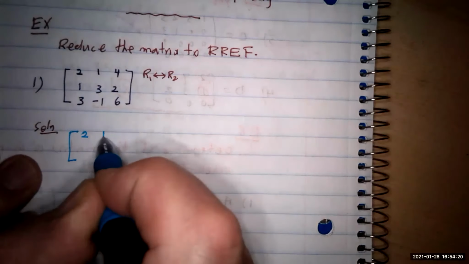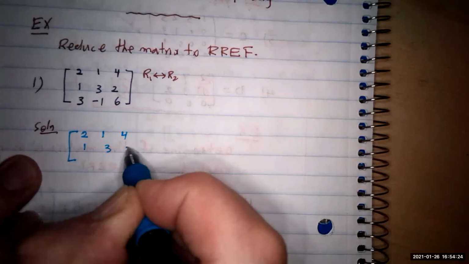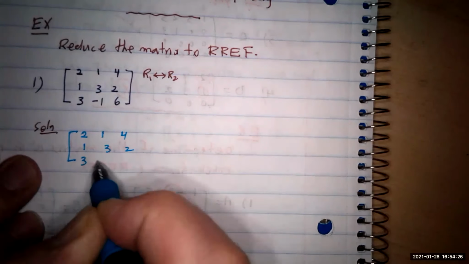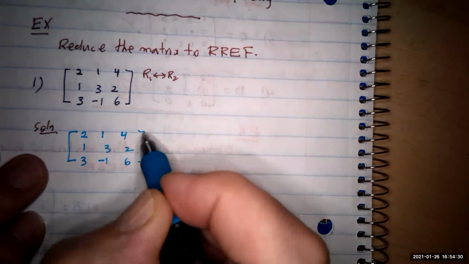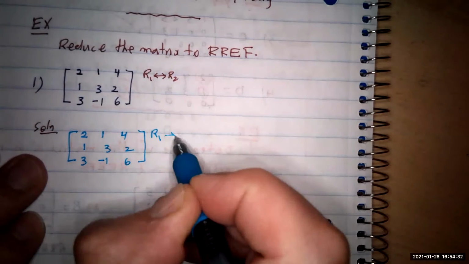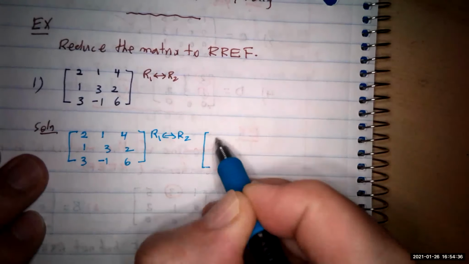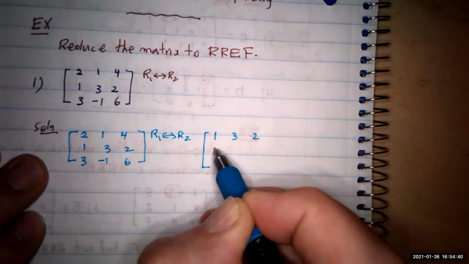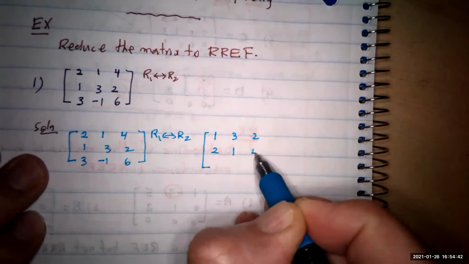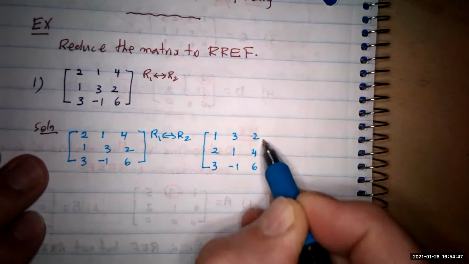It's a 2, 1, 4, a 1, 3, 2, and a 3, negative 1, 6. I quickly switch these two, so the matrix becomes 1, 3, 2, then 2, 1, 4, and 3, negative 1, 6.